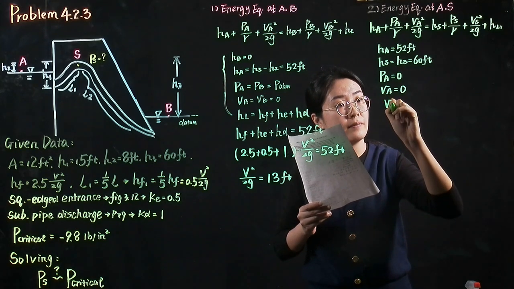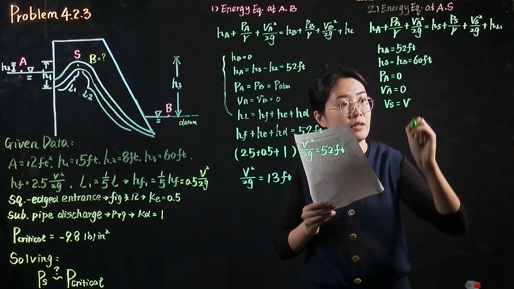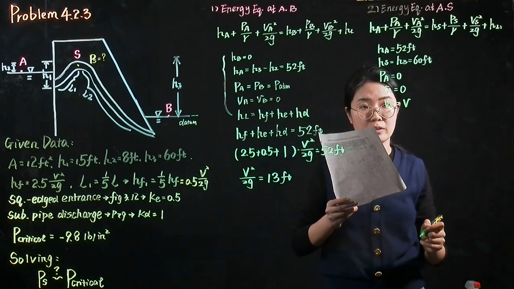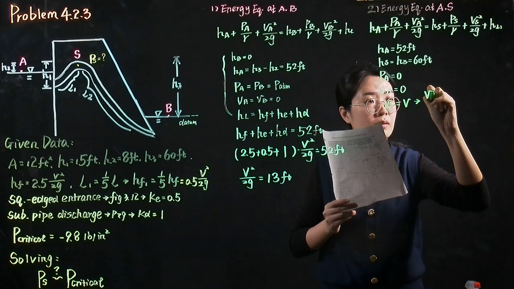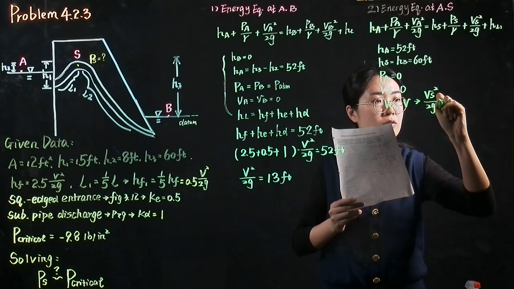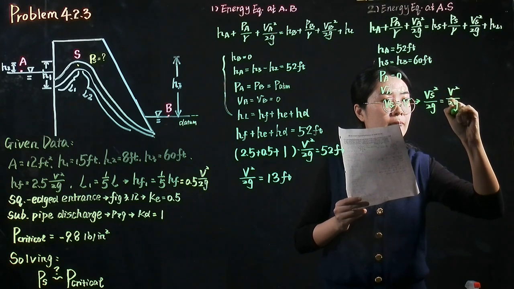The velocity at the summit is equal to the velocity along the whole siphon, which is equal to v. So Vs squared over 2g equals the velocity head.